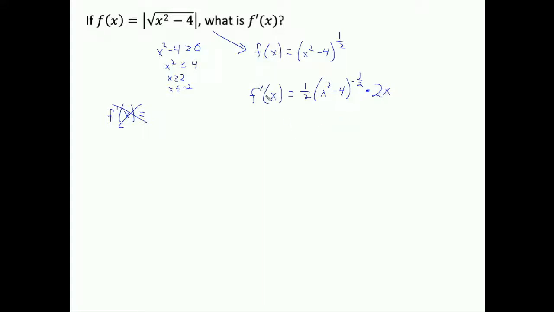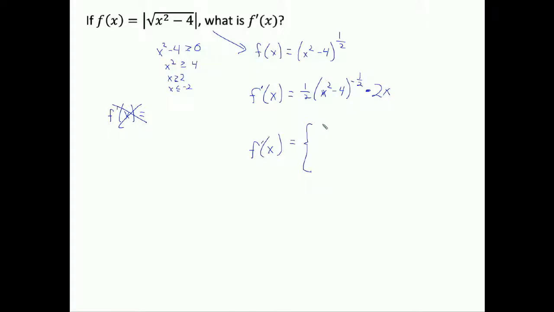And normally we would say as long as we're taking the derivative, we only take the derivative of the parts of the domain, but we do have to be careful with this one because 2 and negative 2 are part of our domain, but we can't take the derivative of those. So when we think of the derivative of x, we can put it in 3 parts, although 2 of them are going to look the same.